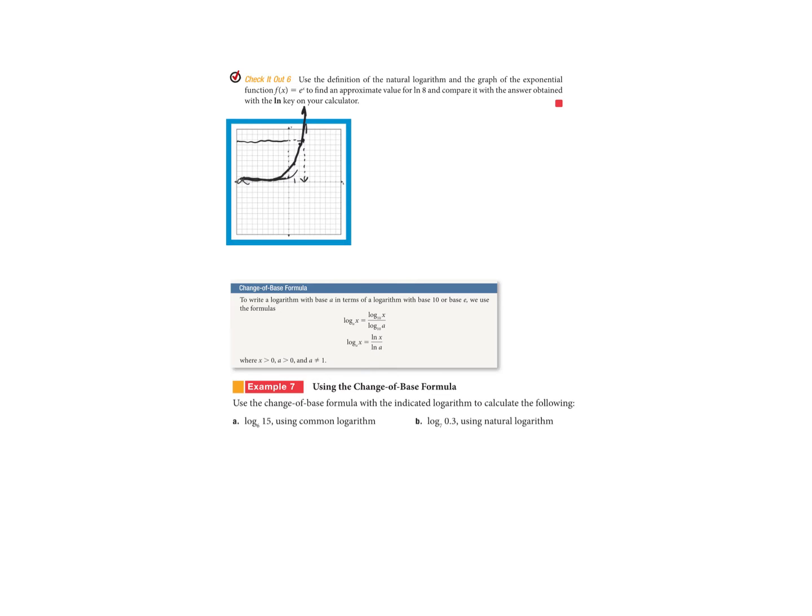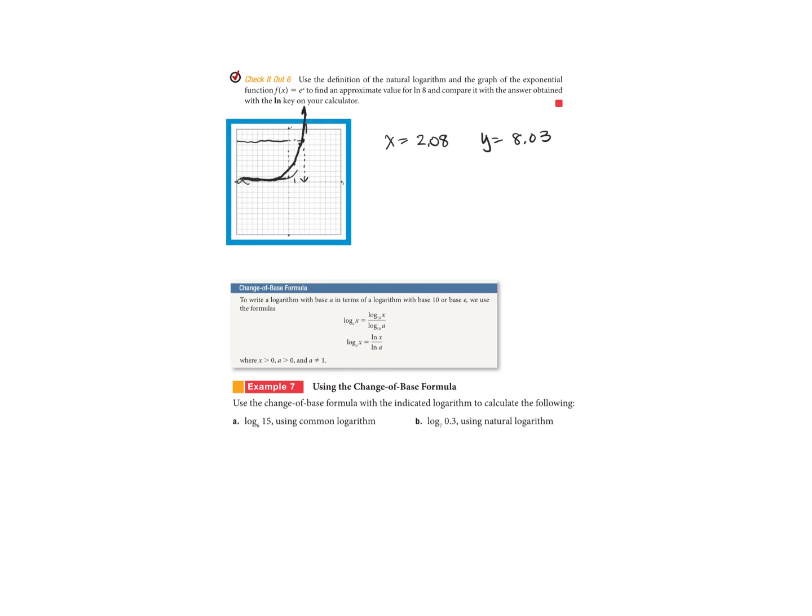I think I can get closer than that by zooming in. I have 8.03. When y is 8.03, my x value is 2.08. We'll test that on the natural log.